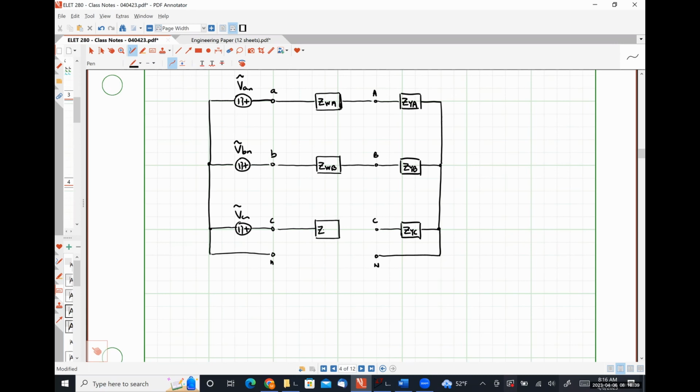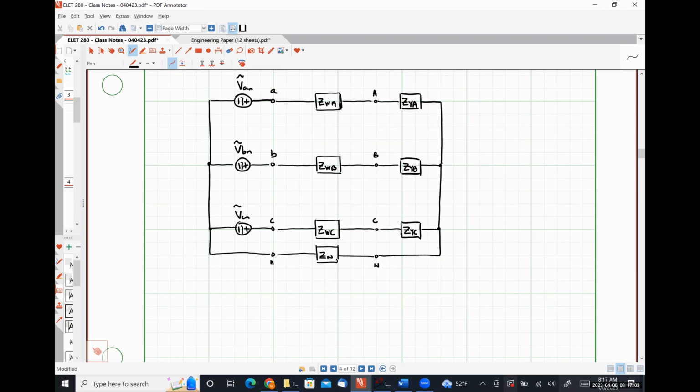This guy here will be ZWC. And we are going to assume that our neutral conductor has some impedance as well. So I'm just going to call this ZN.